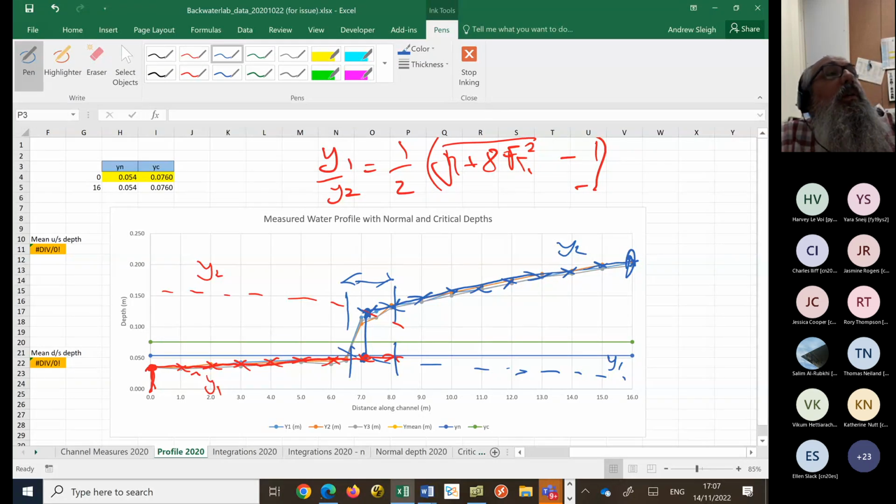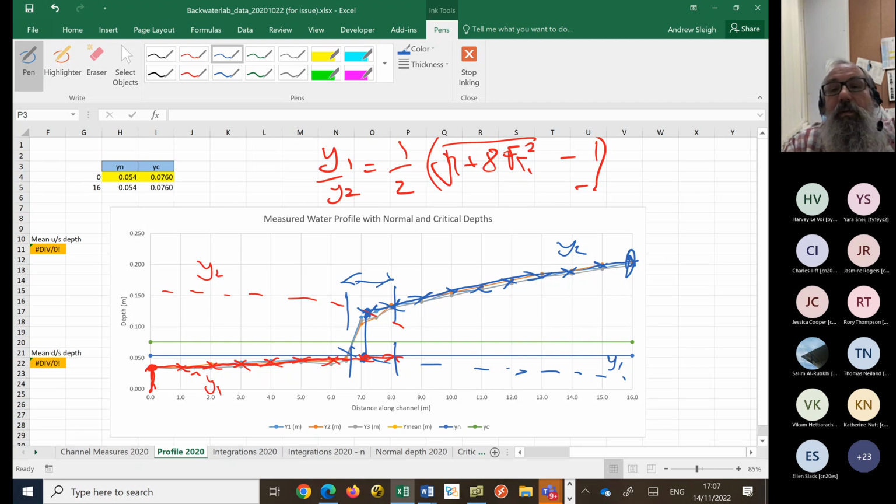So for the theory section, not sure what you should write about. Well, what have we done here? We've integrated a backwater curve. So you could just mention what the backwater curve is, and that backwater curves come from an energy consideration, and it shows how depth is changing as it goes down the slope.